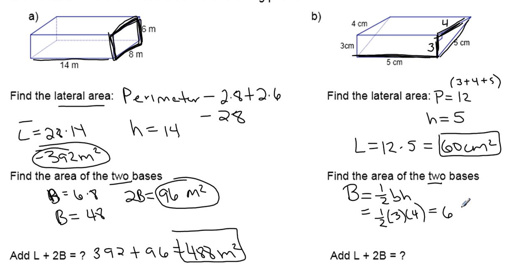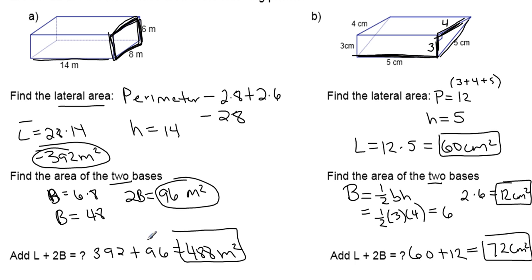We want the area of two bases. So 2 times 6, which is 12. So to find the total surface area, we add the lateral area, 60, to the area of the bases, which is 12. So this gives us a total surface area of 72 square centimeters.